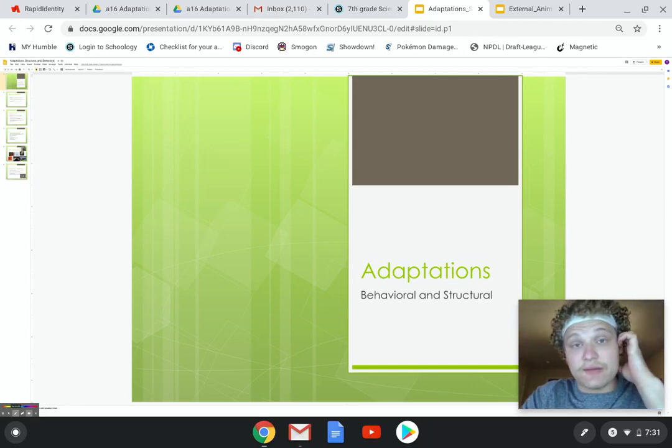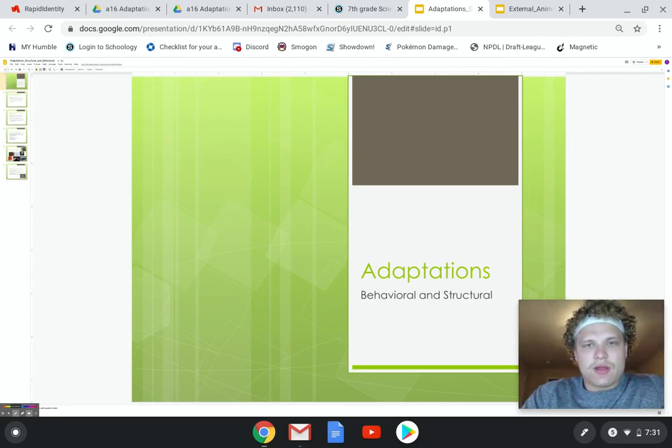Now we're going to take our living things and talk about why they look the way they do. Why do we have certain species that live in the ocean, whereas we don't see those same species on land, or they aren't terrestrial? Why do we see more types of organisms around the equator, where it's really warm and there's a lot of water, whereas in the tundra or Antarctica we don't see as many species?